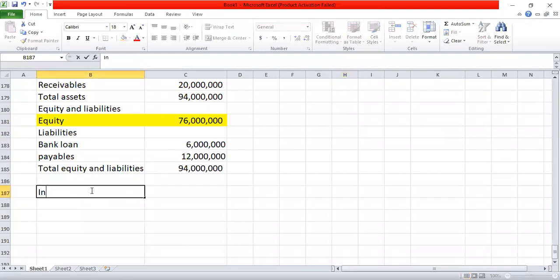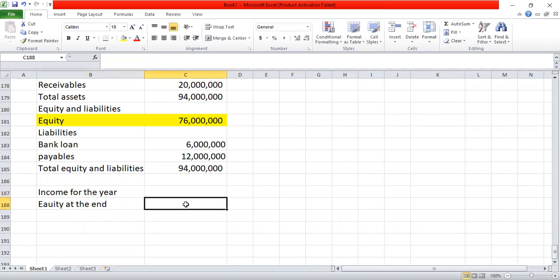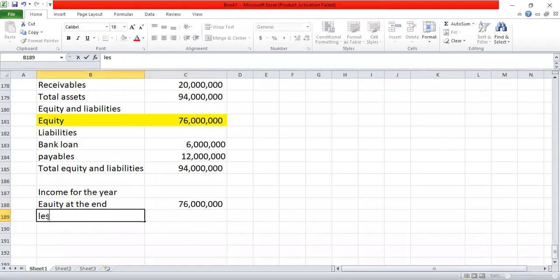So our income for the year, I'm going to have equity at the end, which is this total equity, 76, less equity at the beginning, on 1st January 2021. This is 31st December 21.